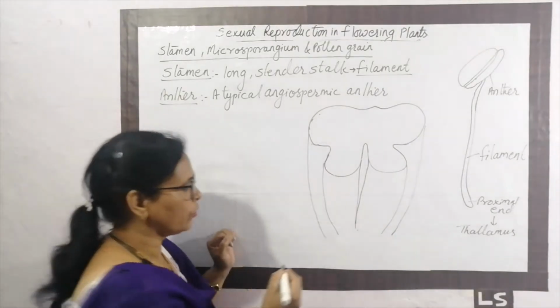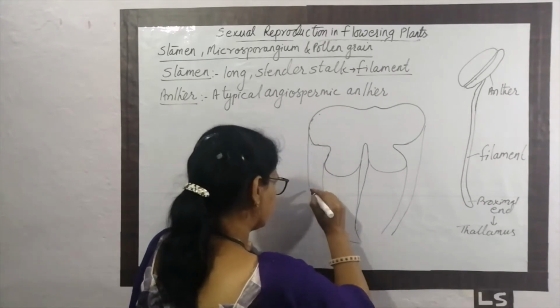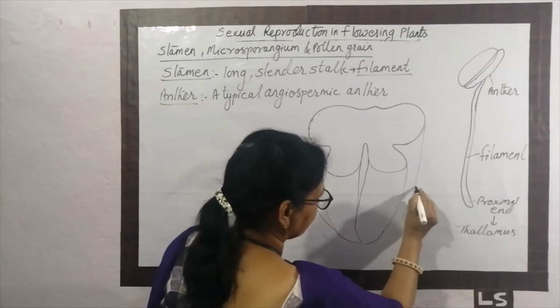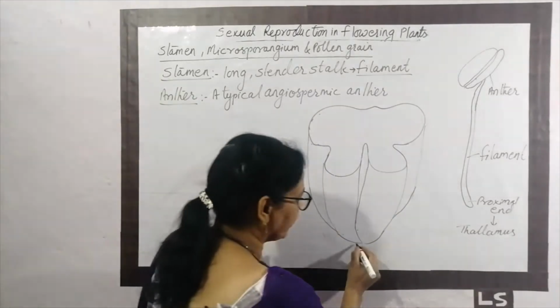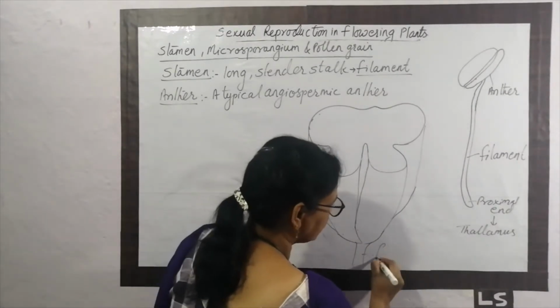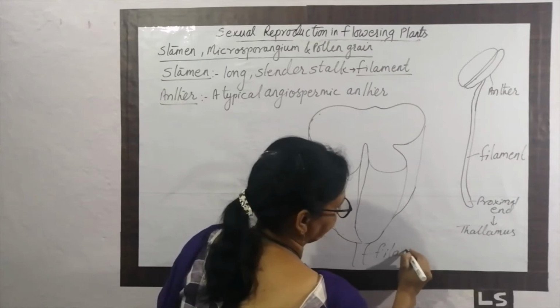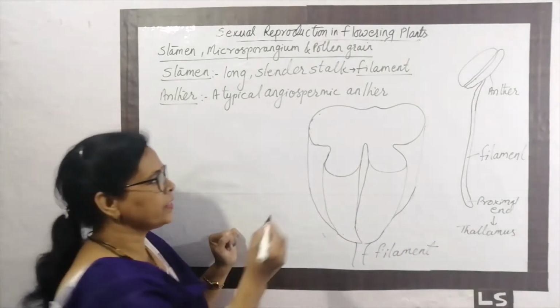This is the structure of the anther, and this anther is joined with the filament. This is the filament. These are the lobes which are present here.